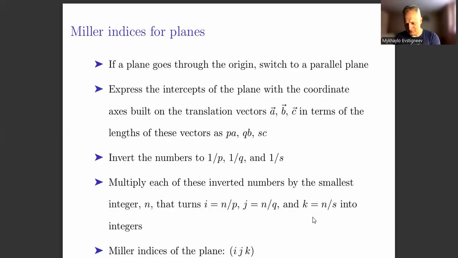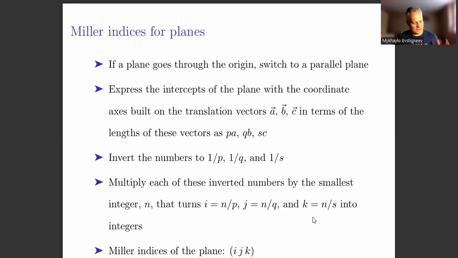People do not do that. They use a different convention and a different method to uniquely determine the Miller indices of a plane, and it is based on the intercept method. The intercept method is slightly more complicated than what I just described.